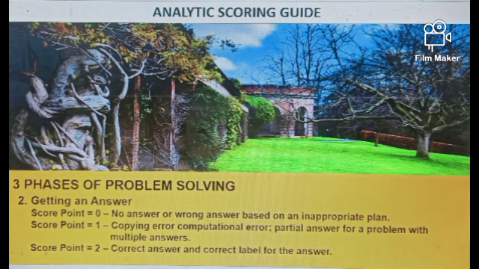And the student will be given the perfect score of 2 points if the answer is correct and there is a correct label for the answer, or correct unit for the answer if the answer requires that a unit be written for the answer to be significant.